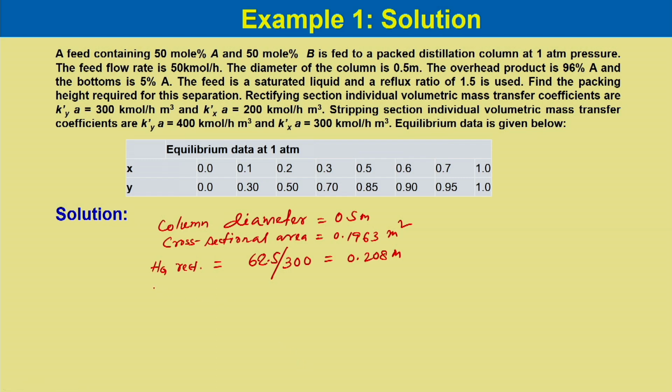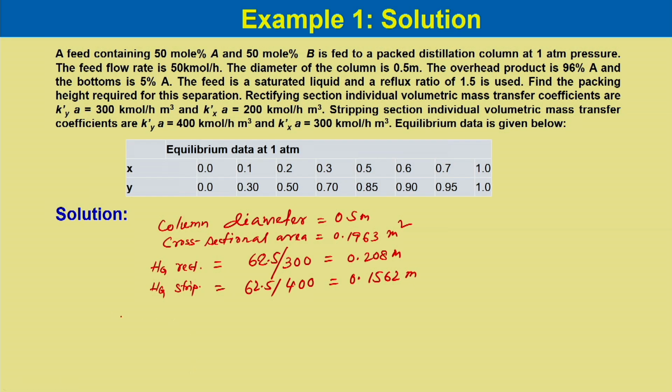And the height of a transfer unit in the stripping section is about 62.5 divided by 400, which is about 0.1562 meter.